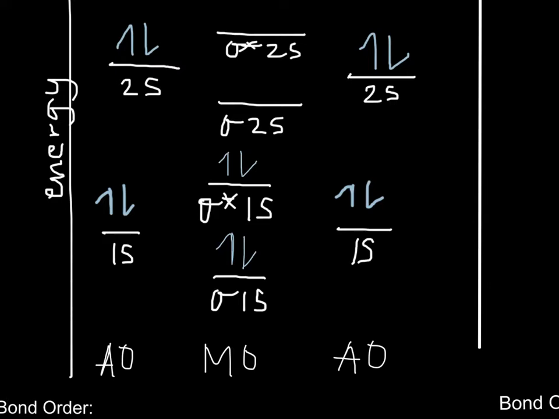As stated previously, as the N- and N atomic orbitals bond, they will form bonding orbitals, which is right here, the sigma 1s, at lower energy, and antibonding orbitals, at higher energy, which in this case is sigma star 1s.